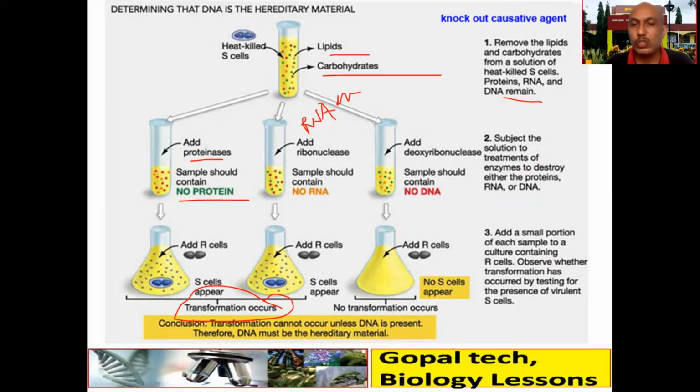Add a small portion of each sample to a culture containing R cells and observe whether transformation has occurred by testing for the presence of virulent cells. So the conclusion: transformation cannot occur unless DNA is present. Therefore, DNA must be the hereditary material. This is the conclusion reached by these three scientists from the transforming principle.